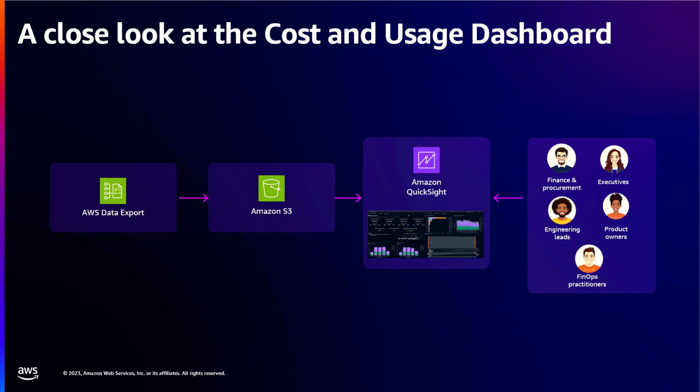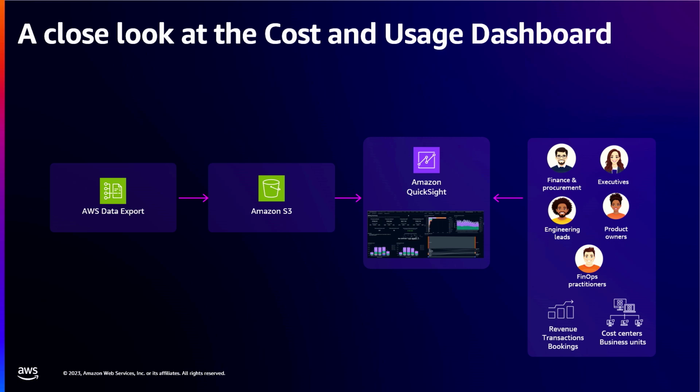And as Bowen mentioned before, it's very often that some of the stakeholders need to bring their own data sources, like business metrics, like organizational structure, to join with cost and usage data to fulfill their requirements related to cost reporting and cost tracking.